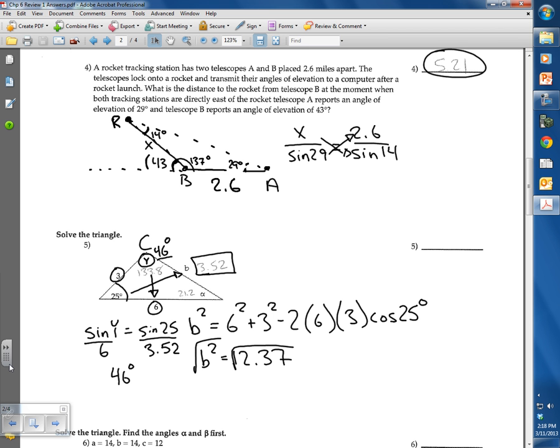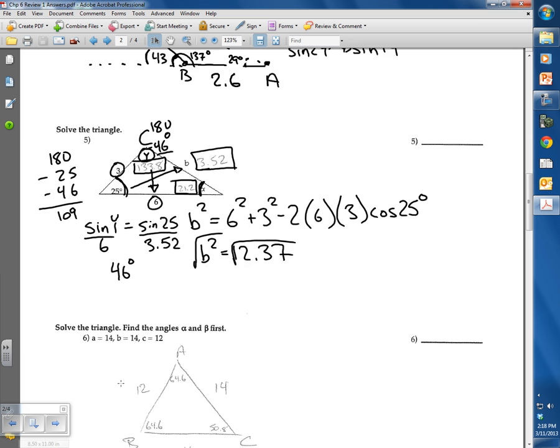If 46 is the angle, 25 is the other angle, 180 minus 25 minus 46, that's 109 degrees. This angle over here, alpha, cannot be 109 degrees. It cannot be the biggest option. So we need to go 180 minus the 46, and we get 133.8. At that point, we can subtract the two angles from 180, and we get 21.2.